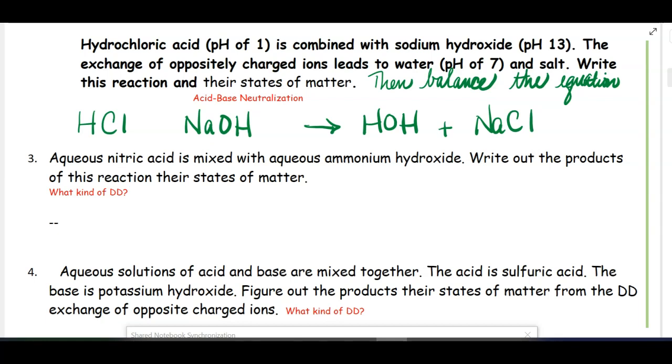So the sentence in English tells you what to write. So the acid and the base are both aqueous because they're dissolved in water.